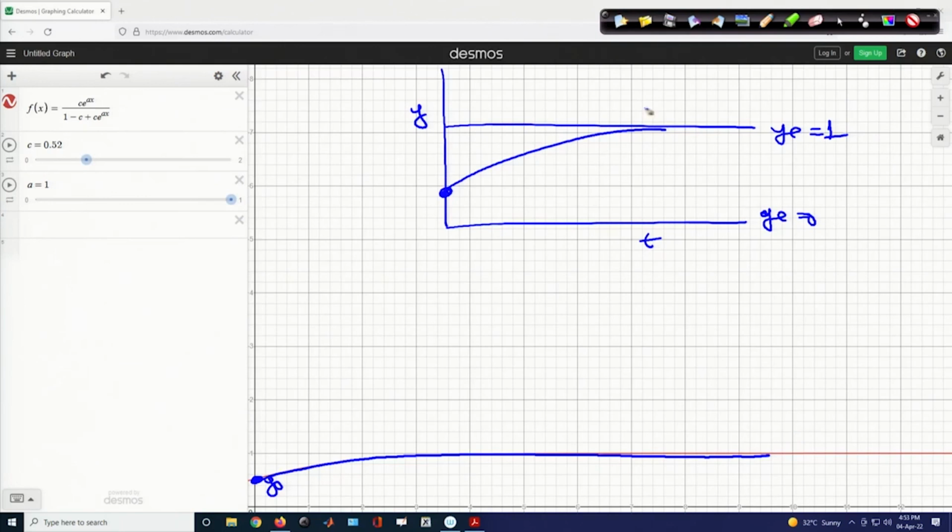Then we saw this portion when your initial population is larger than the equilibrium population. What do you need to do?